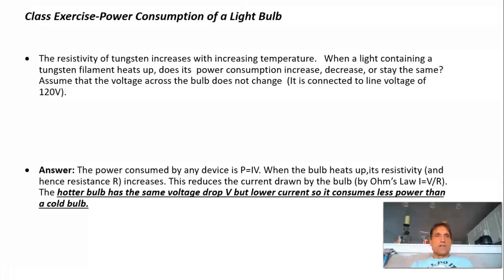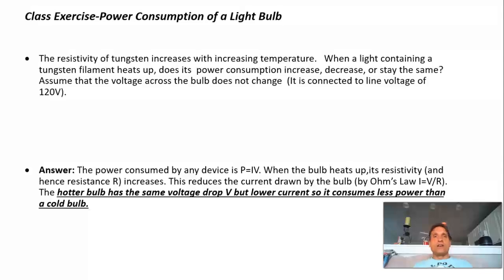So let's do a class exercise here. You and your parents are arguing over whether your light bulb uses more power when you first turn it on or after it's been on for a while.